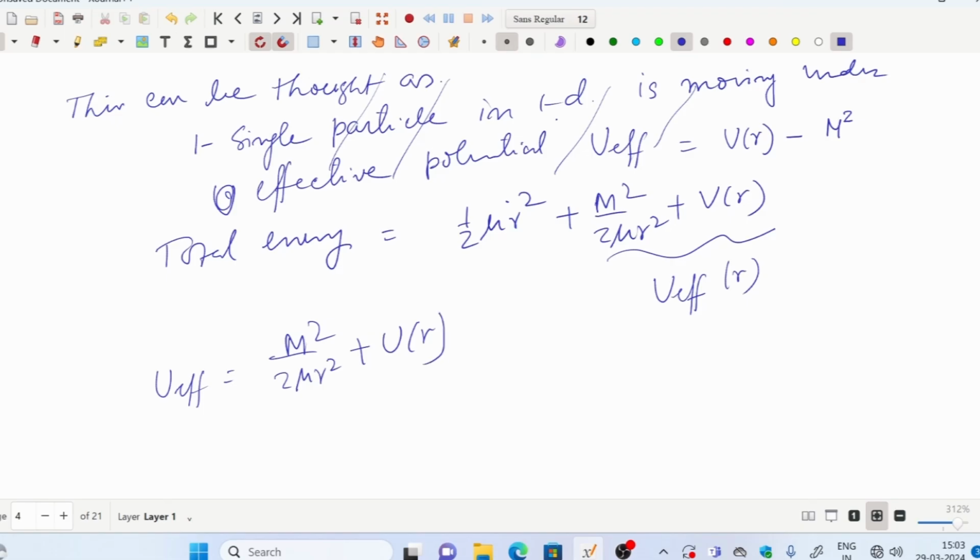Okay. So now, looking at this effective potential, we can predict the possible trajectory of the particle.